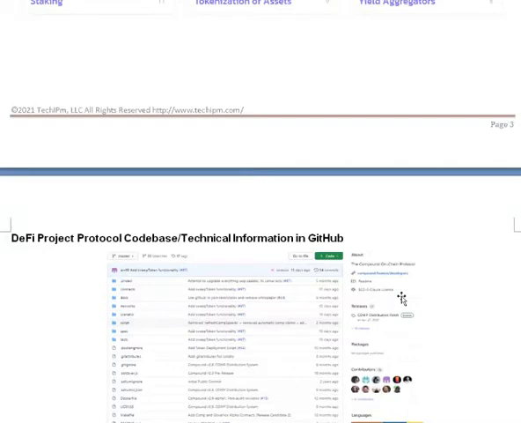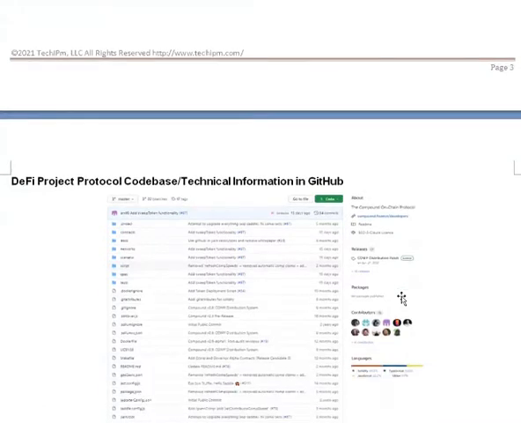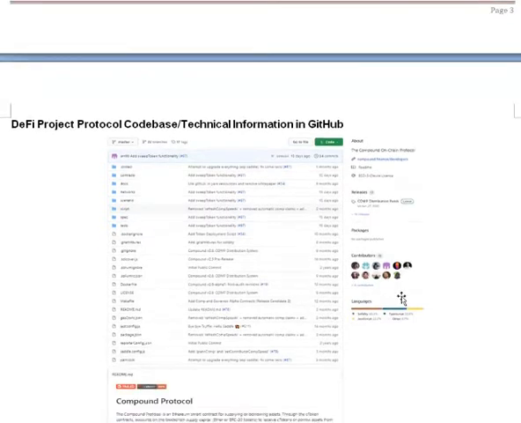You can look at their GitHub and get an idea of how to do your own. Especially I'm going to talk about money legos and composability, so that all the DeFi projects can be integrated and you can generate your own. So this GitHub part is a very important part you should understand.